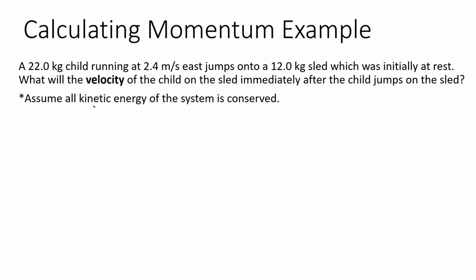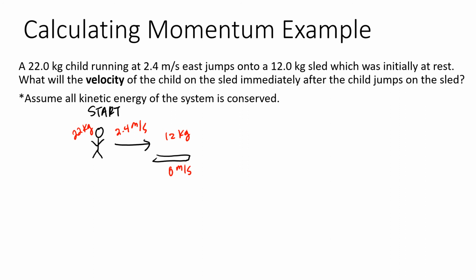So let's draw our start picture. We have a 22 kilogram child, and this child is running at 2.4 meters per second. And we have a sled, which I'm just going to draw like that. The sled is 12 kilograms, and it's 0 meters per second.